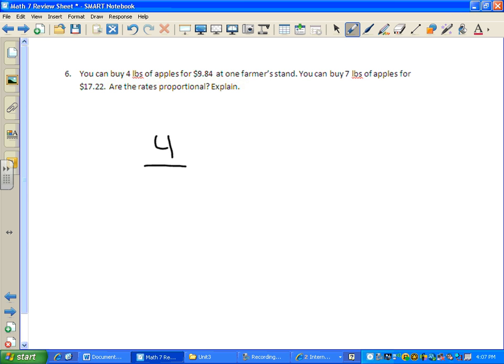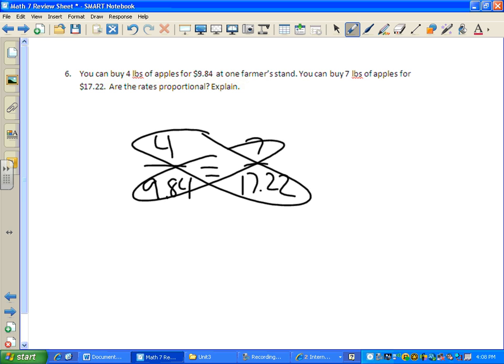So we're going to make a ratio. 4 over $9.84, and the other one is going to be 7 over $17.22. Now we're going to look at the cross products. If they are equal, then they are going to be proportional. So 4 times 17.22, is that equal to 7 times $9.84?